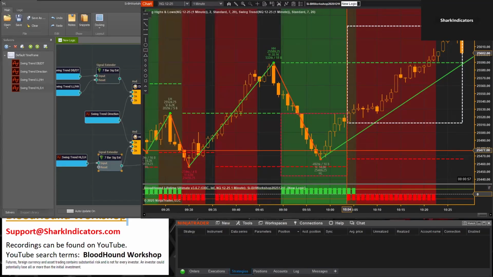So as the swing line reverses direction, we go from developing higher lows into lower highs. And of course that produces a short output. So this short output was turning off the long output there.